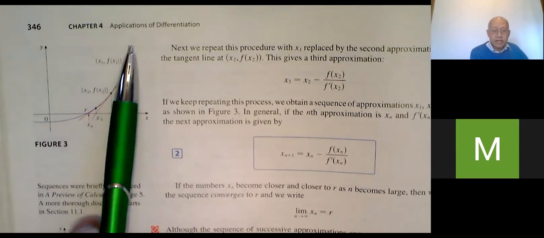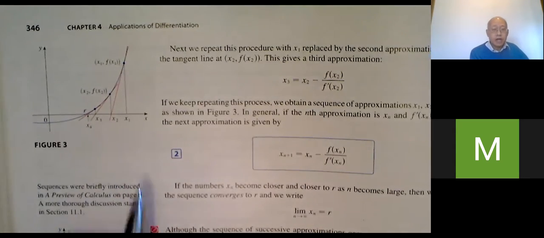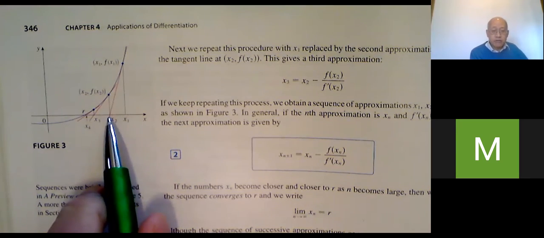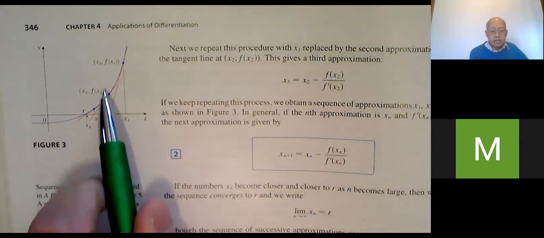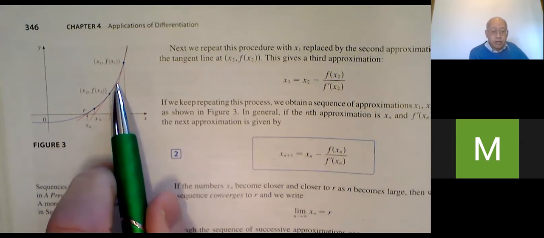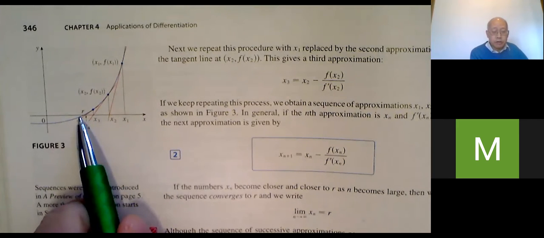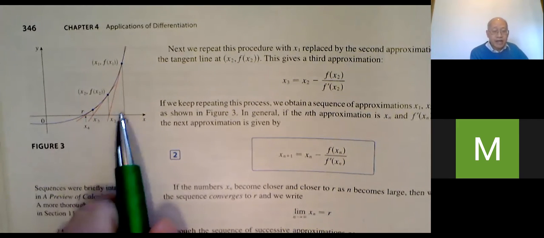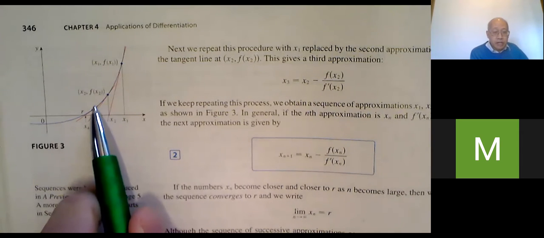See what they're doing? They're drawing the tangent to the curve. They draw the tangent to the curve, and then this will be my second guess wherever it touches the x-axis. Plug that in, it's probably not going to work. Draw the tangent to the curve for that one, and you see I'm getting closer and closer to the real root, right? In fact, after just 3 tries, I guess that one, draw the tangent line.